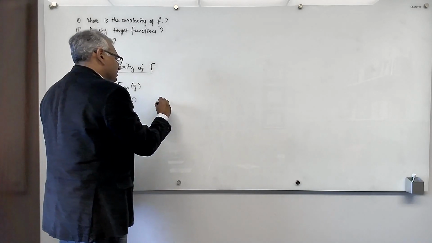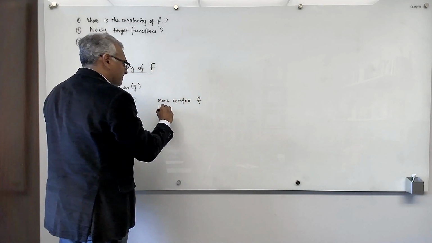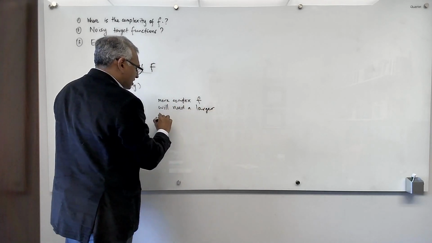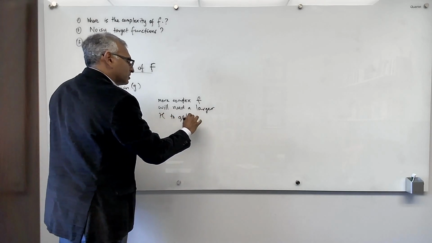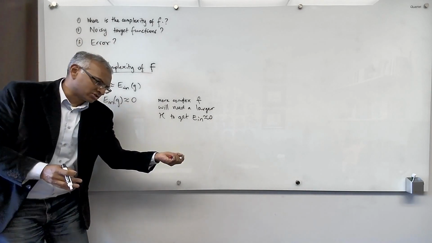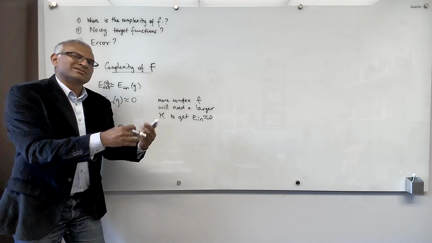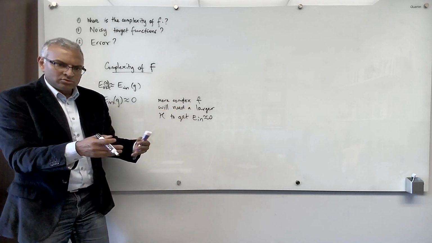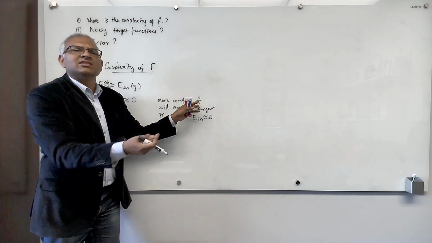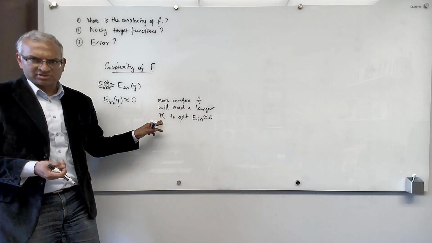So more complex f will need a larger H to get E_in approximately 0, just because it's more complex. If you narrow yourself down to a few, and few usually means simple, hypotheses, odds are you're not going to be able to match f even in the data. So E_in won't be 0. So you'll have to choose a larger hypothesis set.